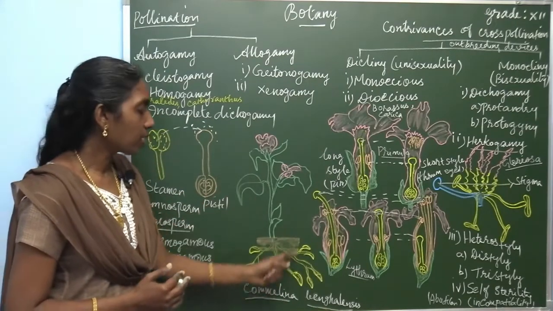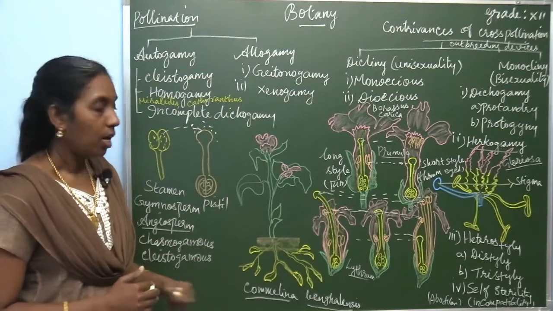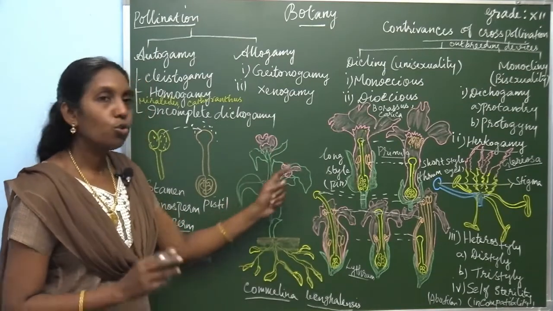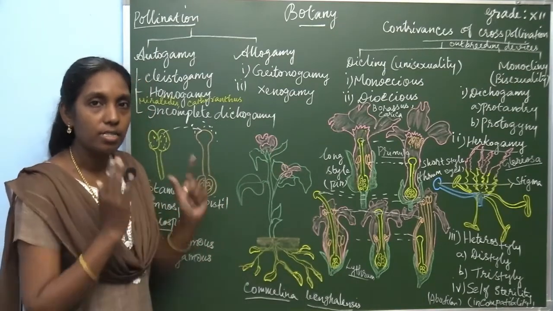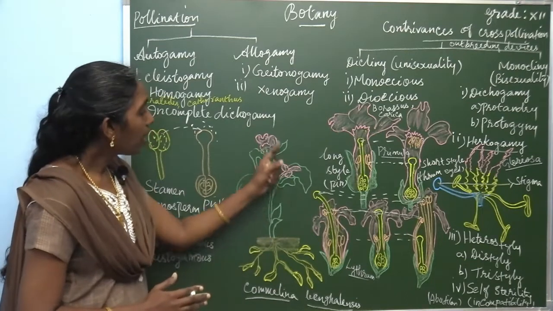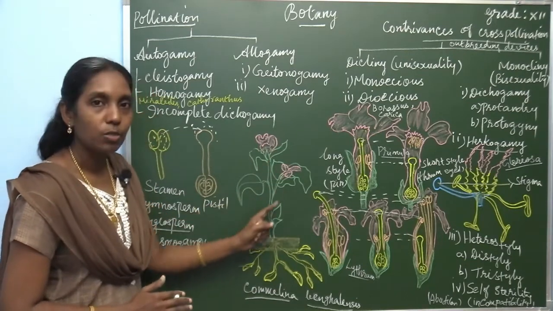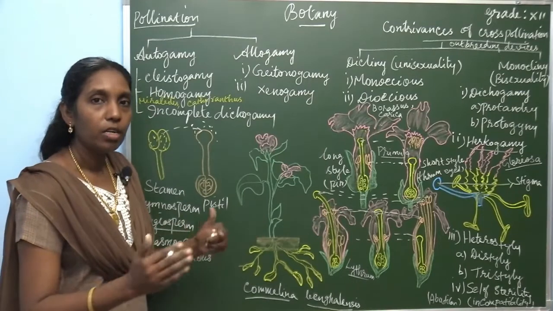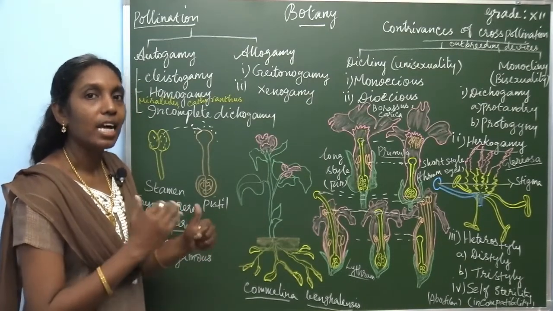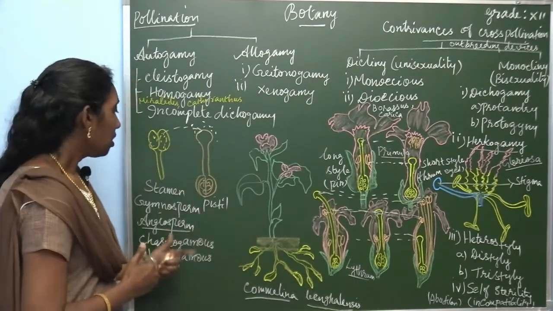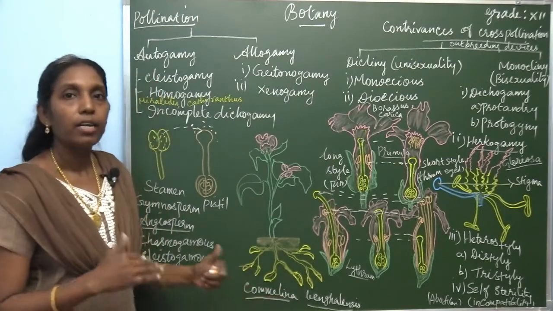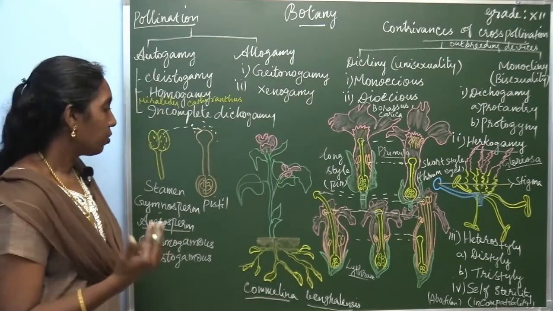These all show clistogamous flowers. But in Commelina bengalensis, two different types of flowers are present in the same plant. The aerial part produces the chasmogamous flower, and the phenomenon is called chasmogamy. Here the clistogamous flower, and the phenomenon is called clistogamy.